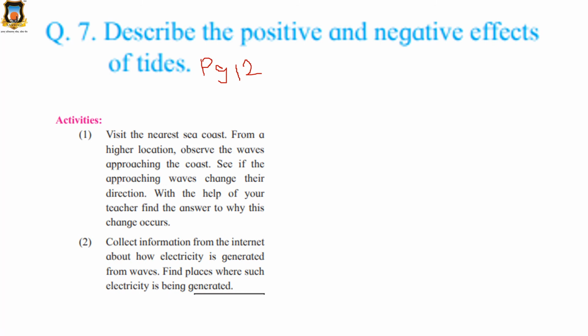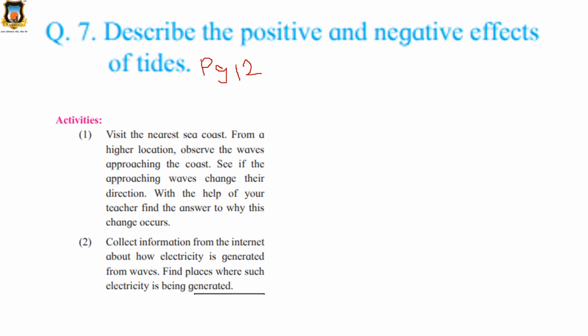Third point, due to the tides, ports do not get filled with sediments. Next, ships can move up to the ports during high tide. Next, during high tide, seawater can be stored in salt pans from which salt can be obtained. Next, the tidal force can be used to generate electricity. Next, the tides help in maintaining the mangrove and coastal biodiversity. This will come in positive points.